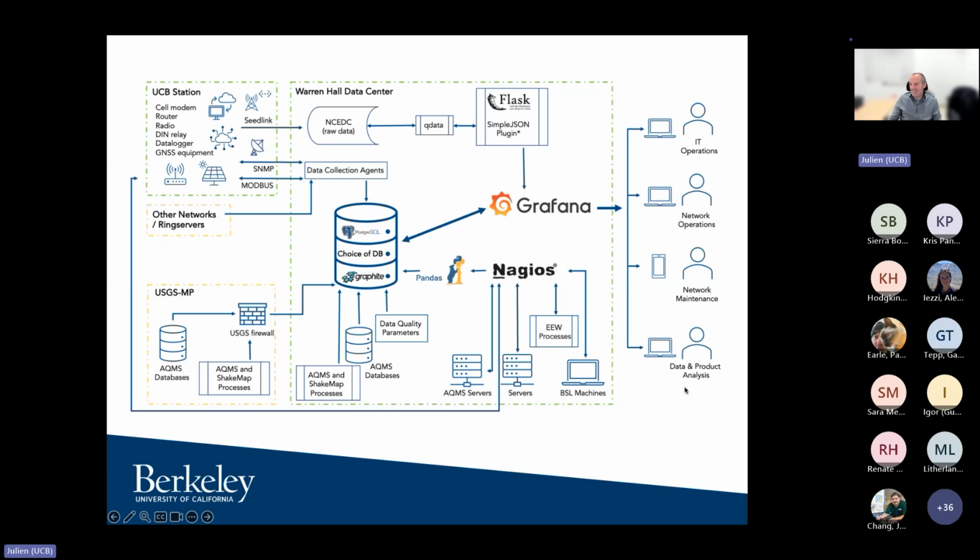So on the right side of the diagram, you see the main users that we thought about when we designed our system. The first one is the sysadmin team, which supports all the underlying IT infrastructure. We also thought about the team that operates the network and troubleshoots the network of stations and the telemetry, and all the field engineers that do both remote and on-site troubleshooting, at the station.